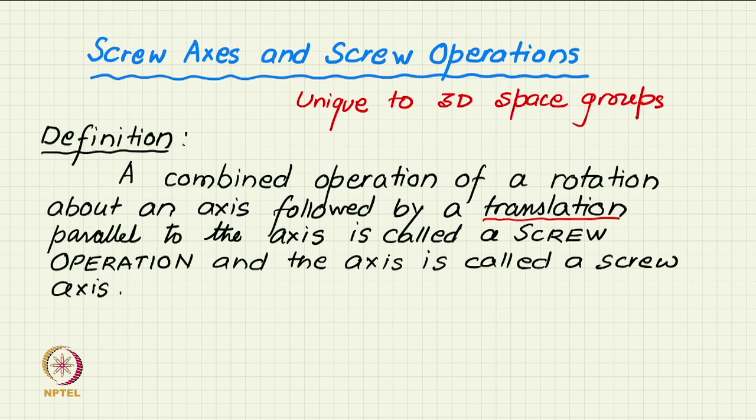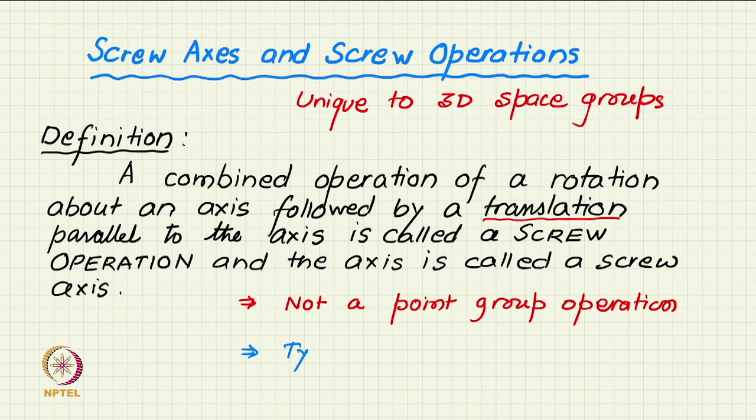Because of the translation, it cannot be a point operation, and since both translation and rotation are type 1, this is also a type 1 operation, it will not change handedness.